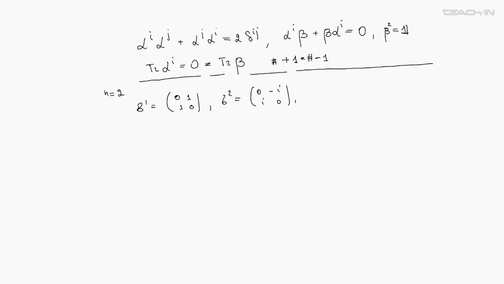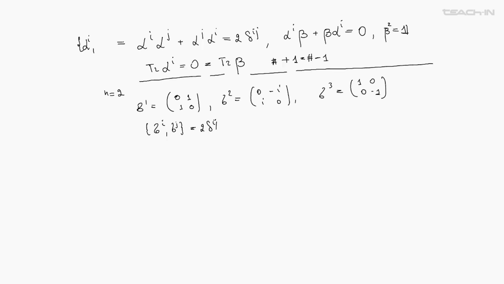These matrices are Hermitian. These matrices are traceless, as you see explicitly from the form of these matrices. And they actually obey the desired relation, namely the anti-commutator of sigma i, sigma j is equal to 2 delta ij. And you see that this is the same as the anti-commutator of matrices alpha i and alpha j.